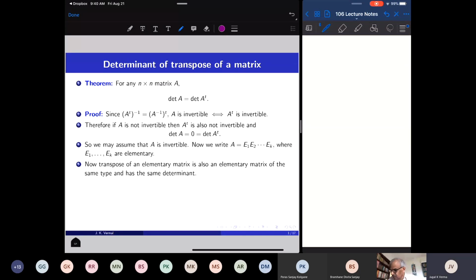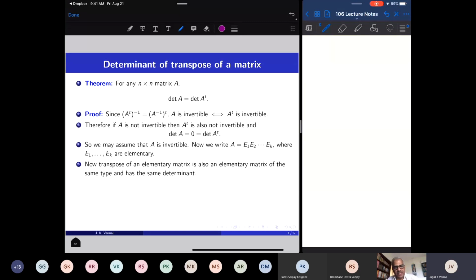It is easy to show that an elementary matrix and its transpose have equal determinant, because you can check very easily that the determinant of an elementary matrix is same as determinant of its transpose. So we know the result for elementary matrices.